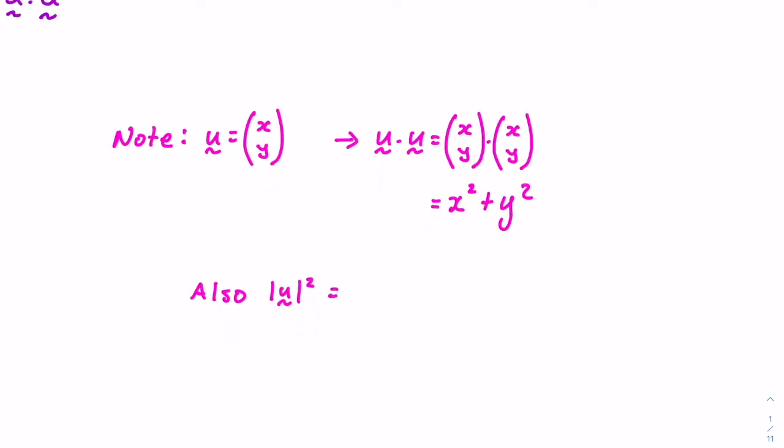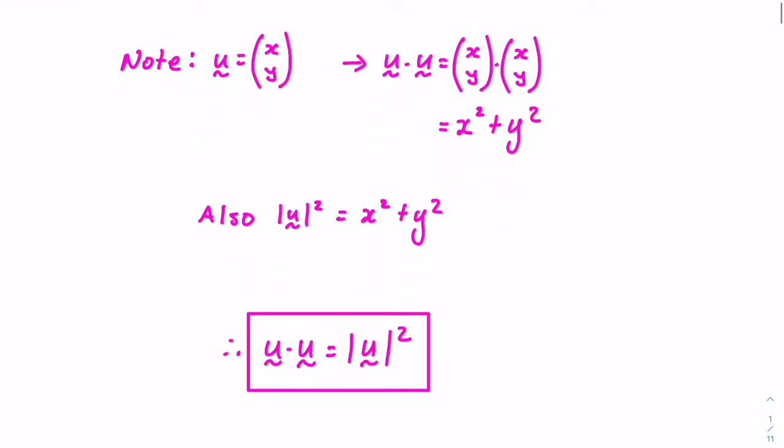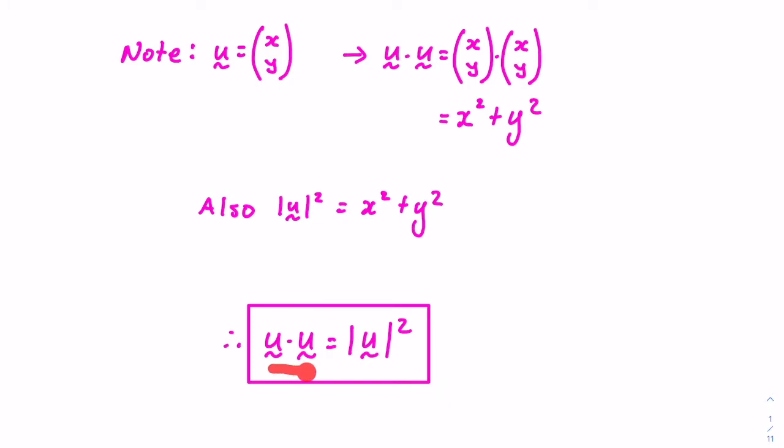But also, if you remember the magnitude, found with Pythagoras' theorem, the square root of x squared plus y squared, but we're squaring it here, so we don't need the square root anymore, so just x squared plus y squared. And those two things are actually equal to each other. So we get this useful rule that the dot product of a vector with itself is actually equal to its magnitude squared.